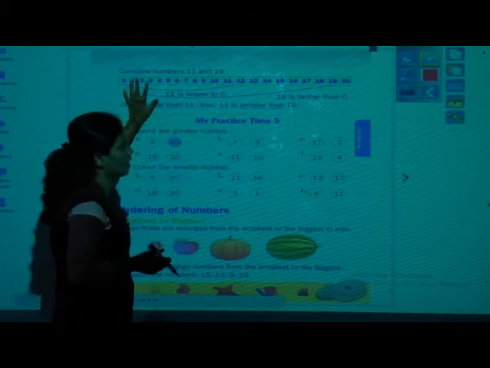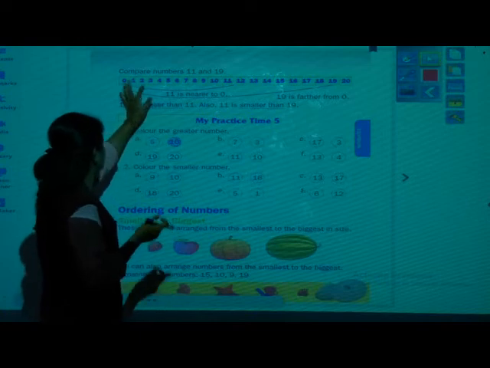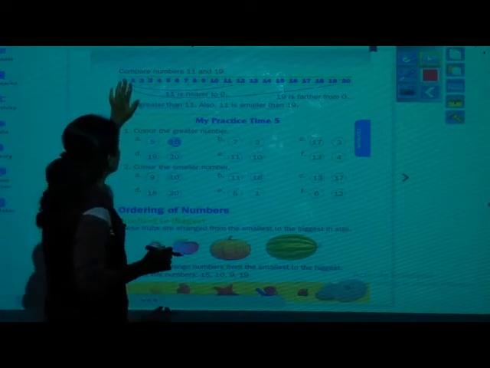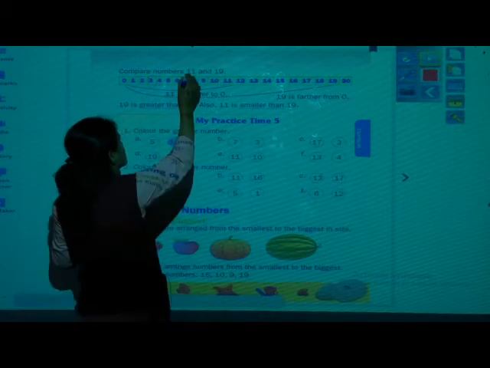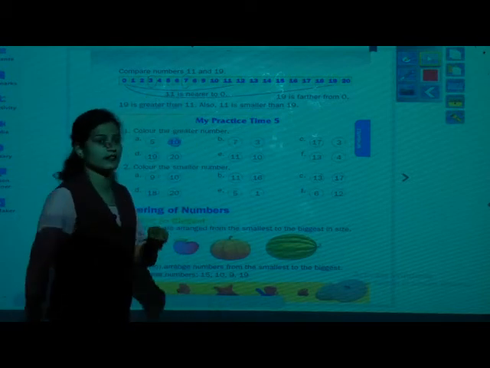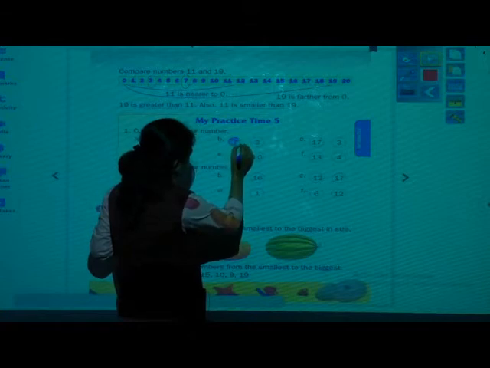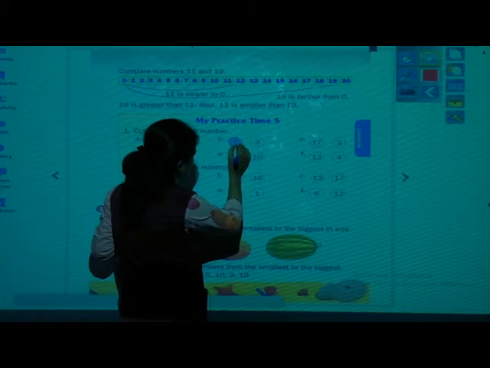Near to 0 is 3. So this will be smaller and 7 is far, so this will be greater. Okay, so color this.